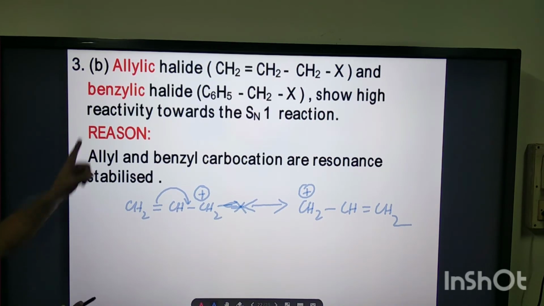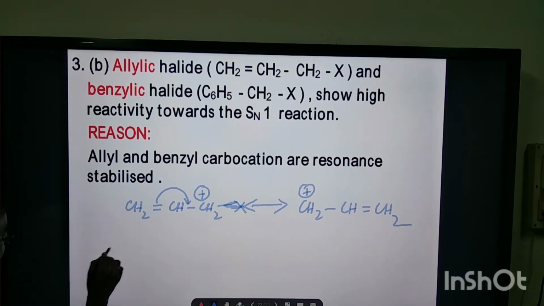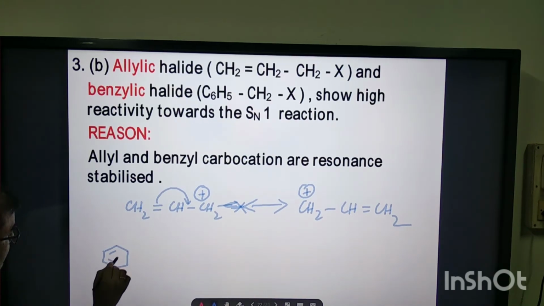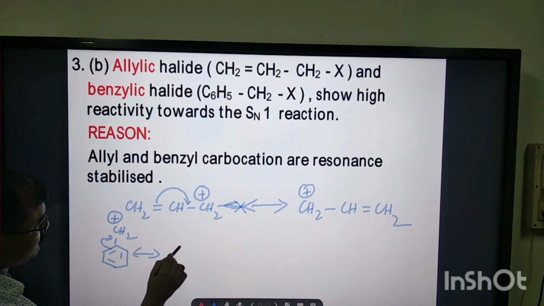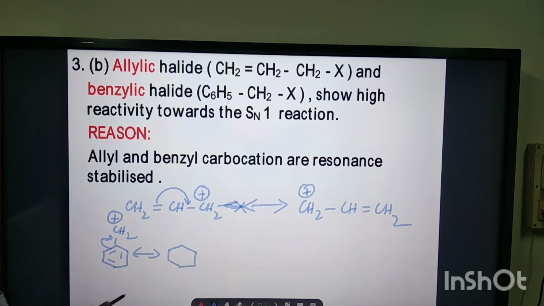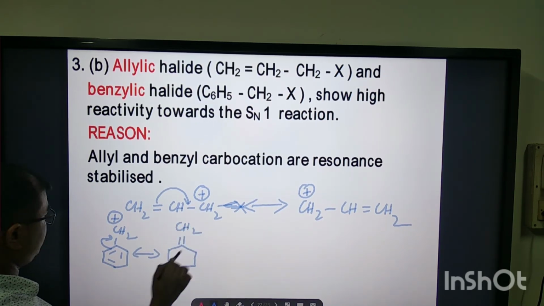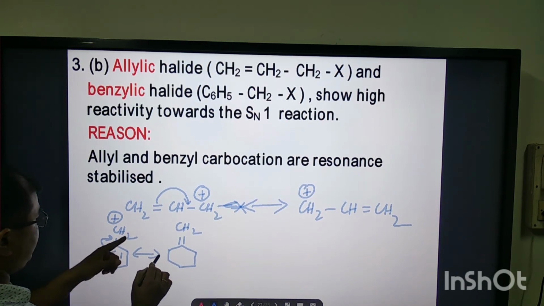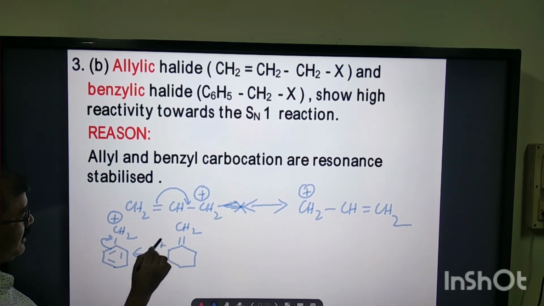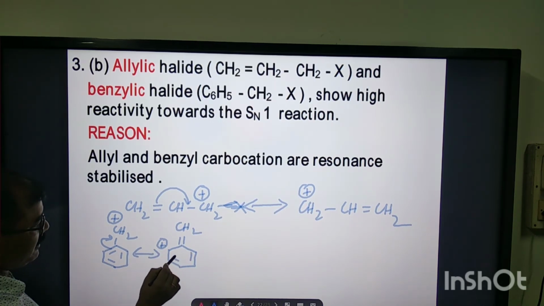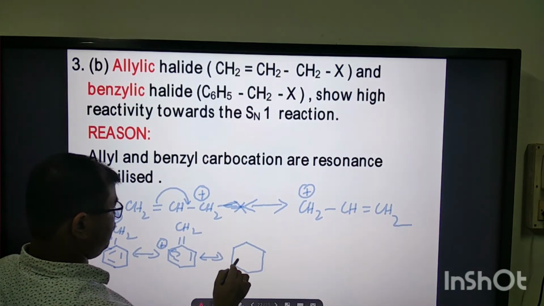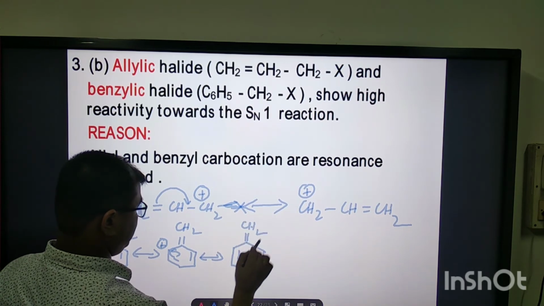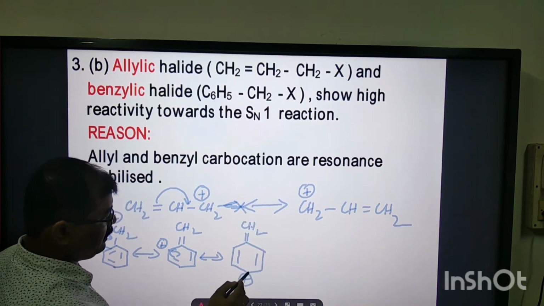Similarly, we can show it in the case of the benzyl carbocation. See, this is the benzyl carbocation. Here also we can show the resonance. Is it visible? See here, positive charge will develop because the electrons moved here, a double bond will form, and positive charge will develop here. In the next step again, the positive charge will develop here.